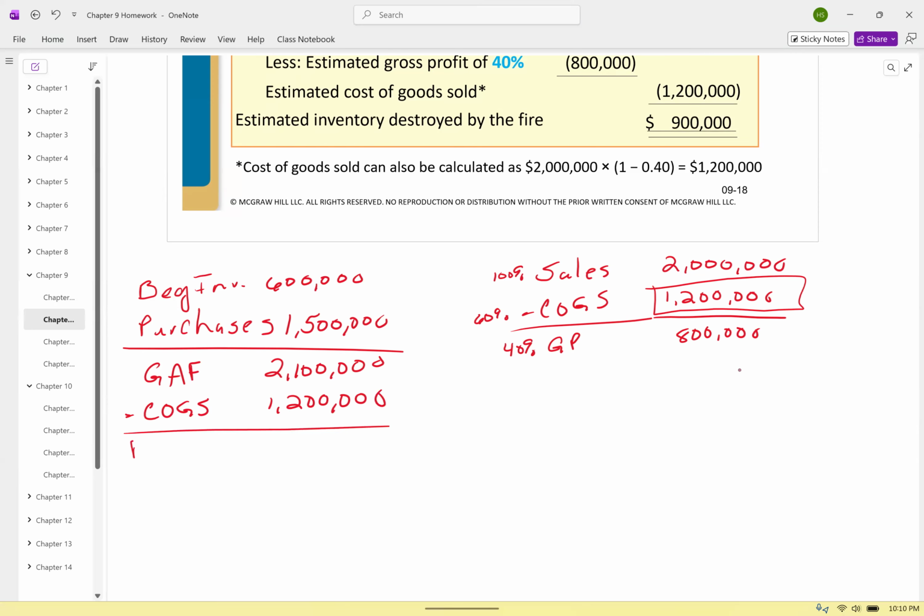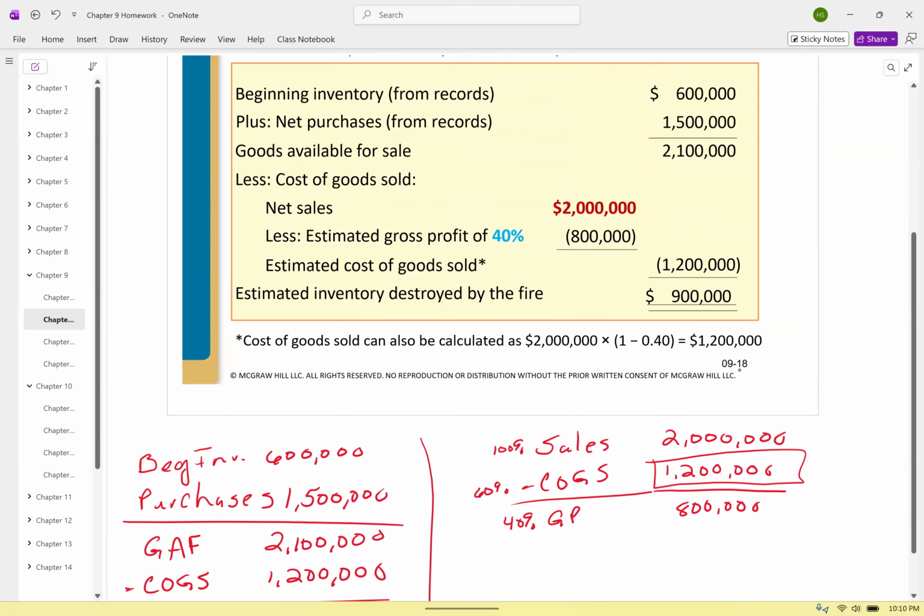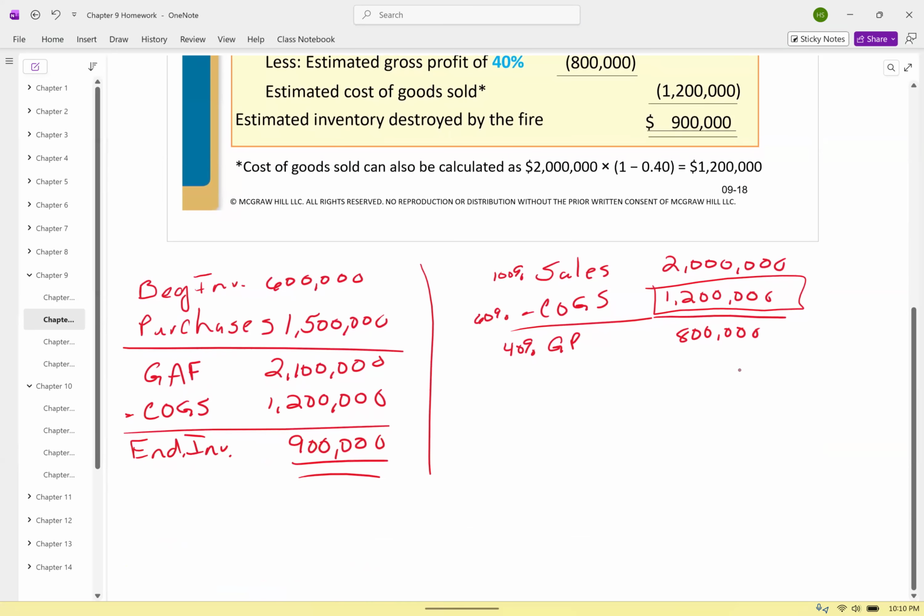And then that will give us ending inventory of 900,000. I like to do them, they did it all in one slide here. I kind of like separating the two because you probably have these two memorized separately, but throwing them all on one slide might be confusing. So I always like breaking them apart.